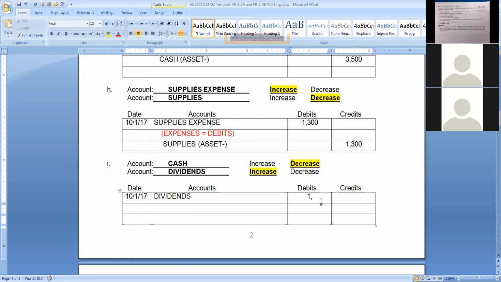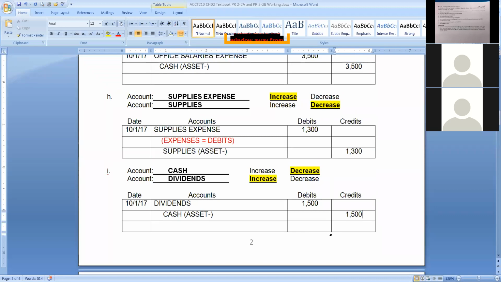$1,500. Cash, an asset, going down. $1,500. And that's it for that one.